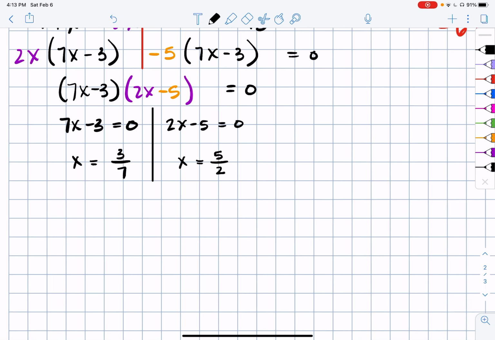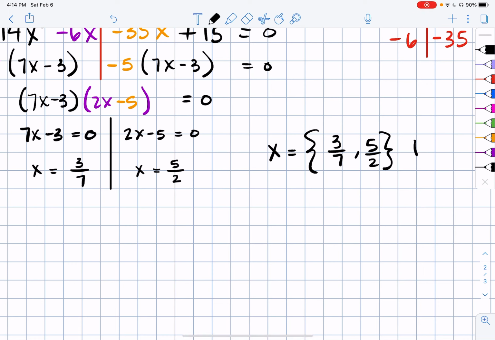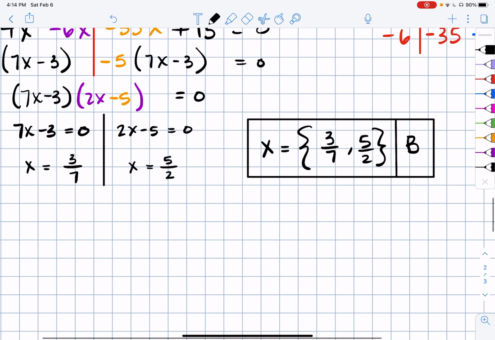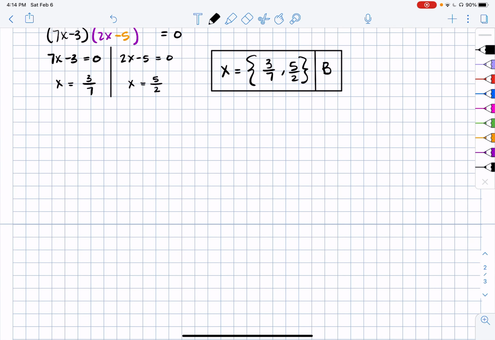That would be my two answers, and the way I would write that is x is equal to 3 over 7, comma, 5 over 2. And that would be my answer, choice B. So hopefully that helps. That's number 8. So on to number 9.